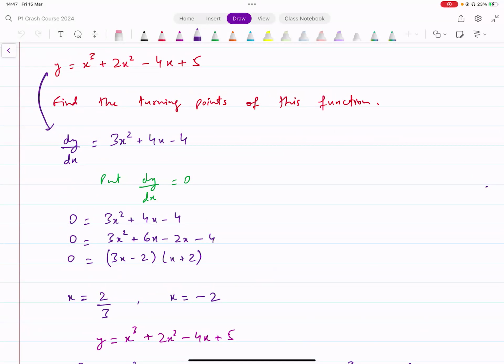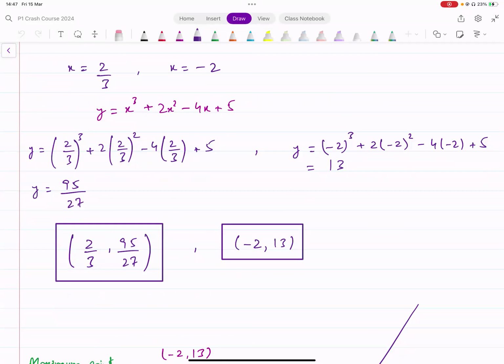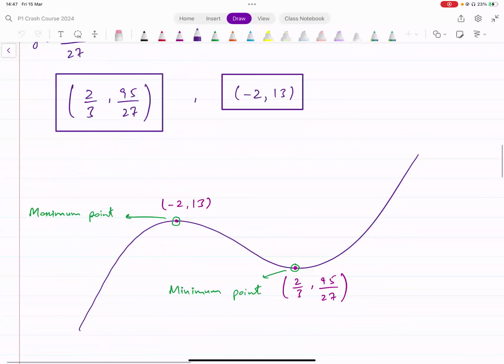Since the gradient is zero, you put the derivative equal to zero because the derivative is the gradient function of a curve. So you just find the derivative, put that equal to zero, and that gives you the values of x that you have at the turning points. Once you have the values of x, you put those values of x back in the original function to find the corresponding y coordinates as well. We did this in the last session.